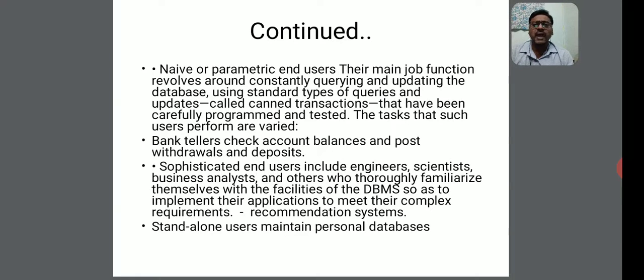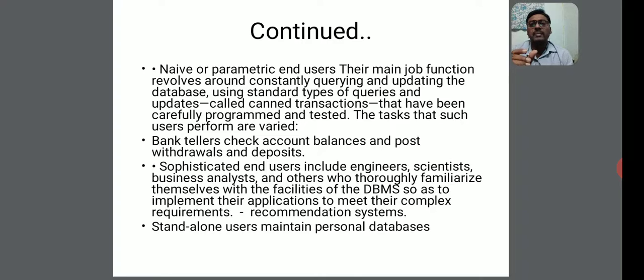For example, if I go to the bank, I will provide the account number. The bank clerk will be provided with a window where he can enter the account number, and he will just press submit. As soon as he presses submit, all the information regarding that customer will be provided to him. After that, the customer can possibly make a deposit or withdrawal. That is fixed, so we decide what steps are to be followed for making the deposit and what steps are to be followed for making the withdrawal.